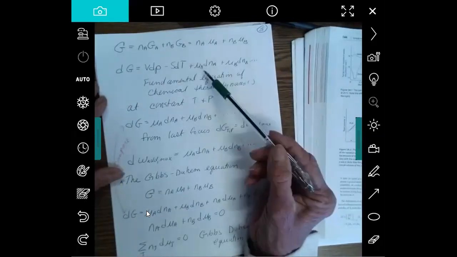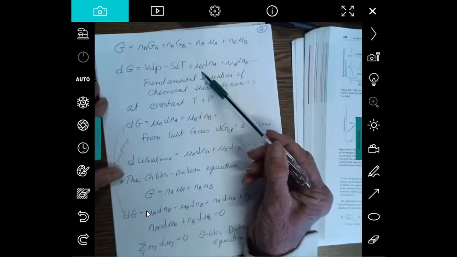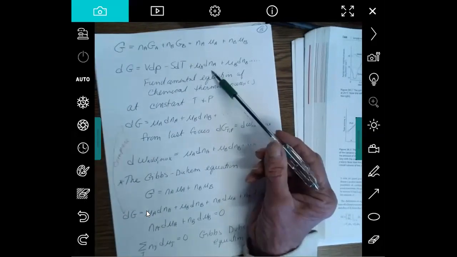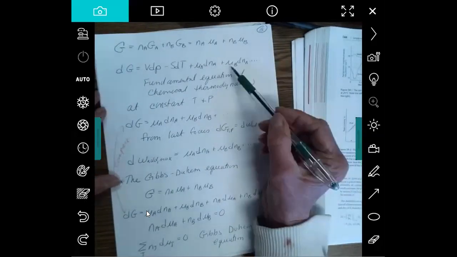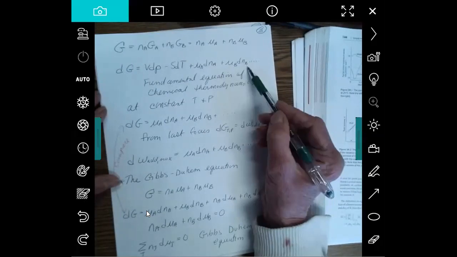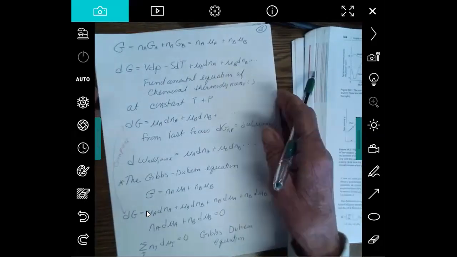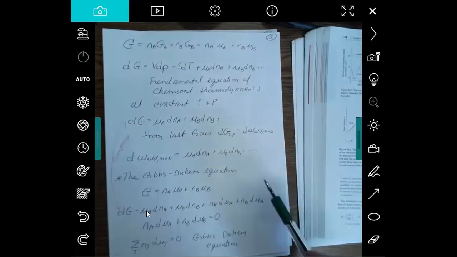So G can also change because of the chemical potential times the number of moles of A that might be created in a reaction or added from another flask, plus the chemical potential of B times the change in number of moles of B. So this sum could go on for as many components as you have. This is called the fundamental equation of chemical thermodynamics, and we'll see it's our starting point for almost everything we do for the rest of our equilibrium discussion.